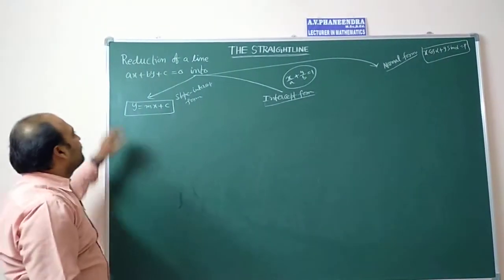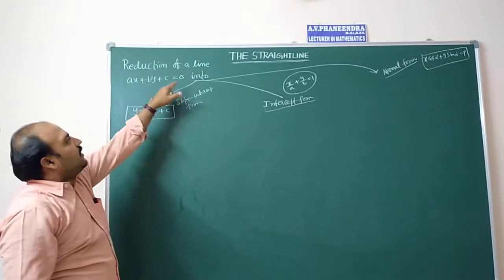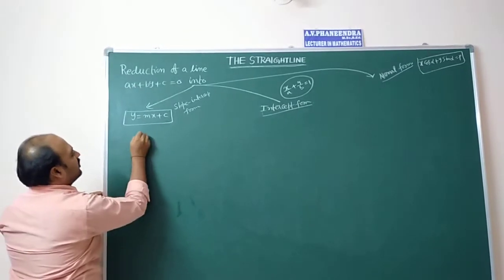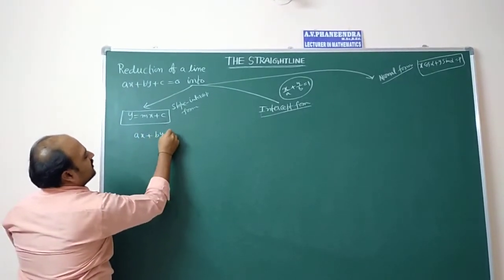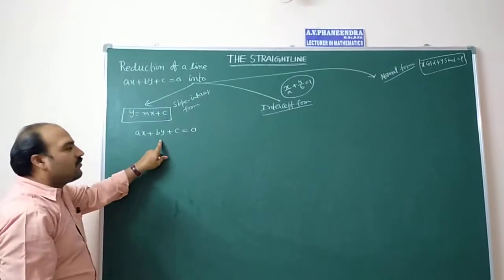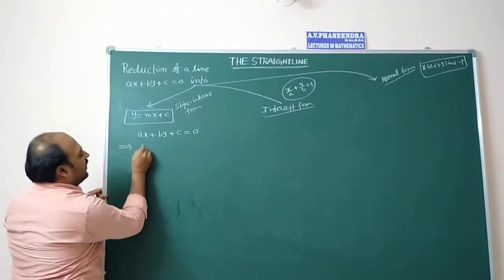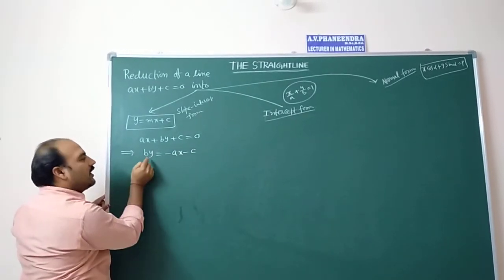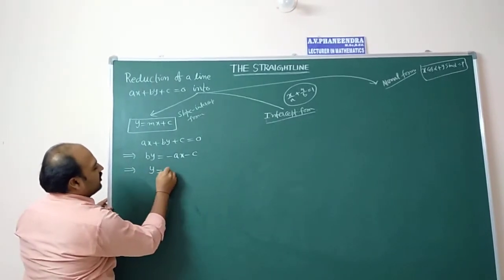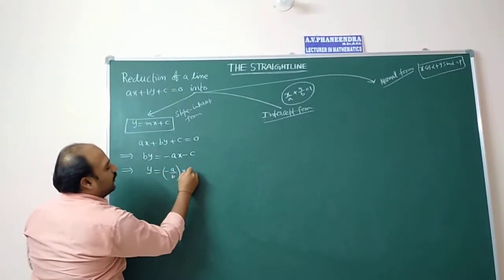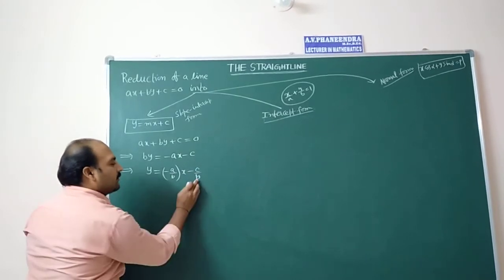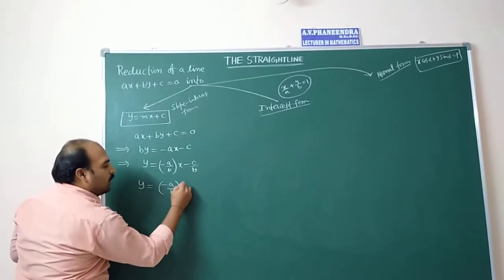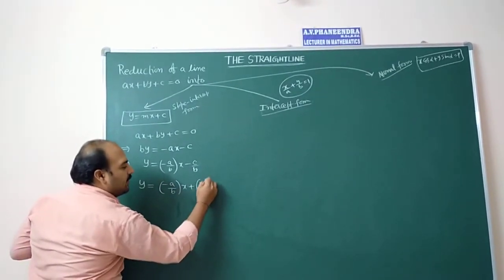See the first step. Reduction of the line ax plus by plus c equal to 0 into slope intercept form. How to do it? Given line ax plus by plus c equal to 0. Make the y term the subject. So by is equal to minus ax minus c, dividing by b: y is equal to minus a by b into x plus minus c by b.